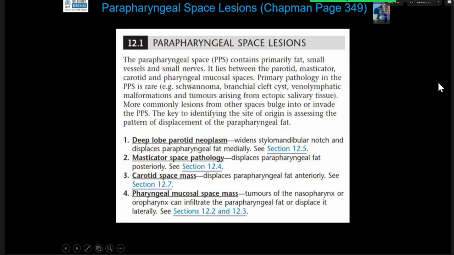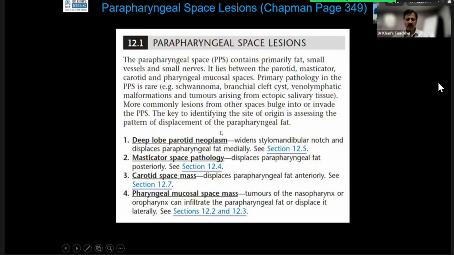It tells you it contains primarily fat, right? Now, it lies between the parotid, masticator, carotid, and pharyngeal spaces. Primary pathology is rare. So most commonly, lesions from other spaces bulge into or invade it. And it's the same concept which I have told you.